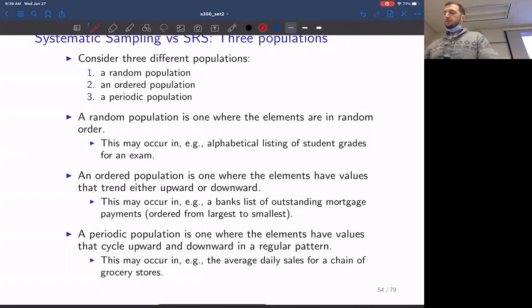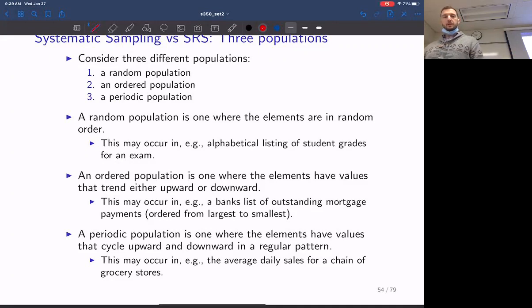As you can imagine, the random population would be one where all observations appear to be unassociated with each other and not related. This would be the situation where we would expect the two sampling approaches to have variation estimators that give similar results.